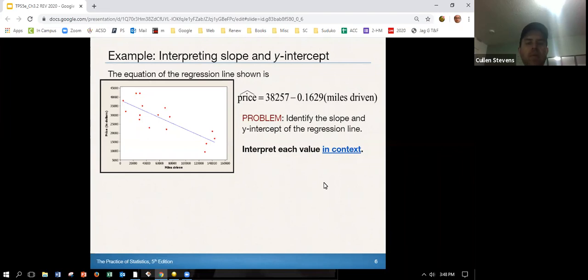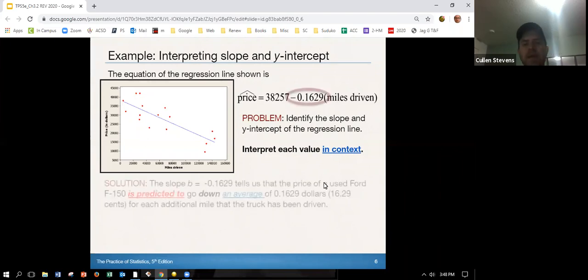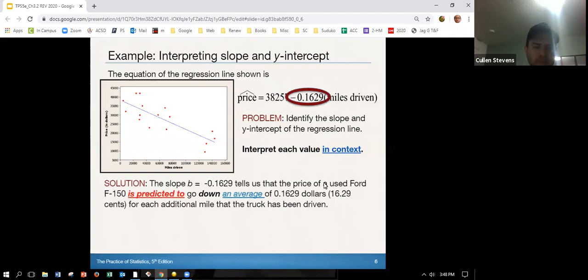So identify the slope and the y-intercept of the regression line, interpreting in context, always in context. So what do we have first? Well, I'm going to look for the slope that's there in front of miles driven. We can see the slope is negative 0.1629. That makes sense to me that it's negative because I saw a negative slope, or a negative association.